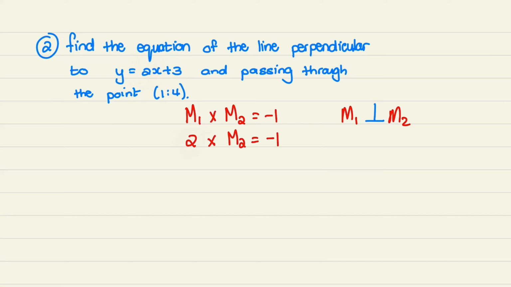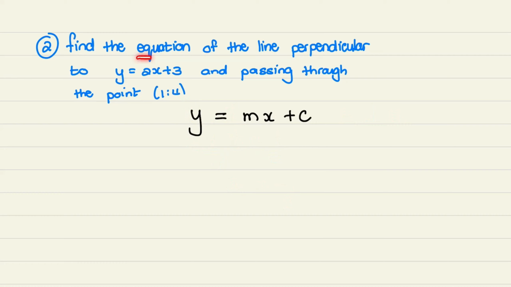So I substitute the gradient of line 1 into our product rule, and this will help us solve the gradient of line 2. So if I divide both sides by 2, the 2's on the left hand side would cancel out, and then the gradient of the second line is equal to -1/2.